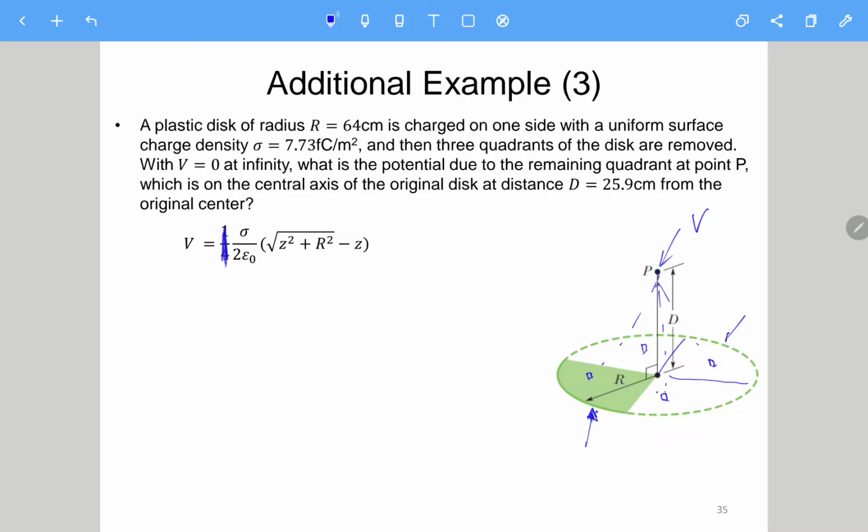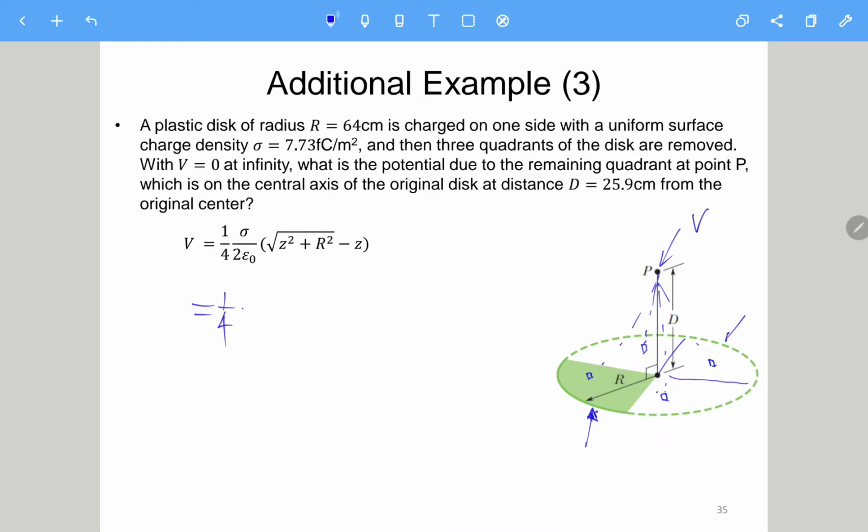For each part, you can always find corresponding parts which contribute the same amount of potential at point P. So if we only consider a quadrant of the disk, it just contributes 1/4 of the potential from a whole disk. Then we can just substitute the numbers into this expression.